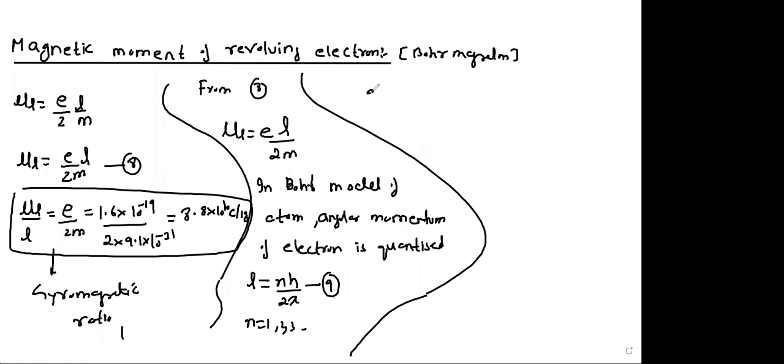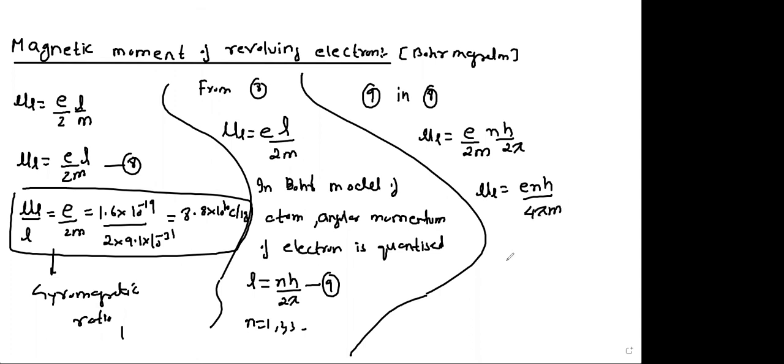So if I substitute 9 in 8, if I substitute L here, then mu L is e by 2m into L, and L is nh by 2 pi. So your mu L is enh by 4 pi m. So mu L is n into eh by 4 pi m, where n is the number of the orbit, it could be 1, 2, 3 and so on.